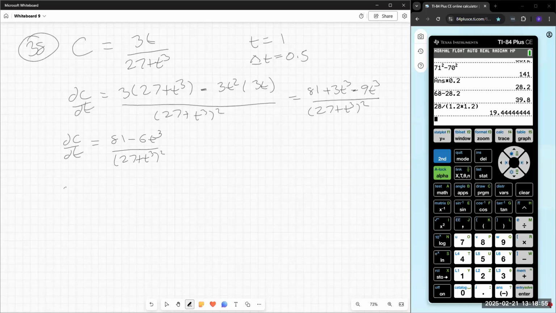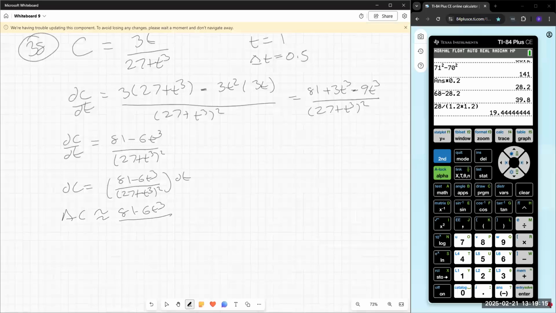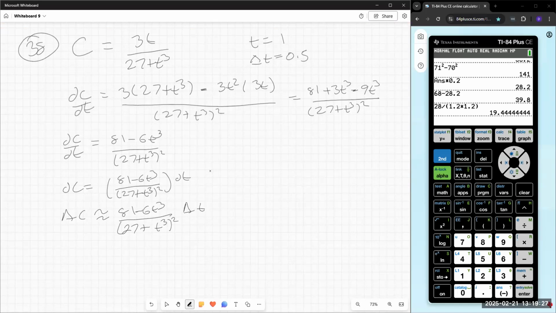So dC will be exactly 81 minus 6t cubed in the numerator, 27 plus t cubed quantity squared in the denominator, times dt, making delta C approximately 81 minus 6t cubed over 27 plus t cubed quantity squared times delta t, where t was 1.